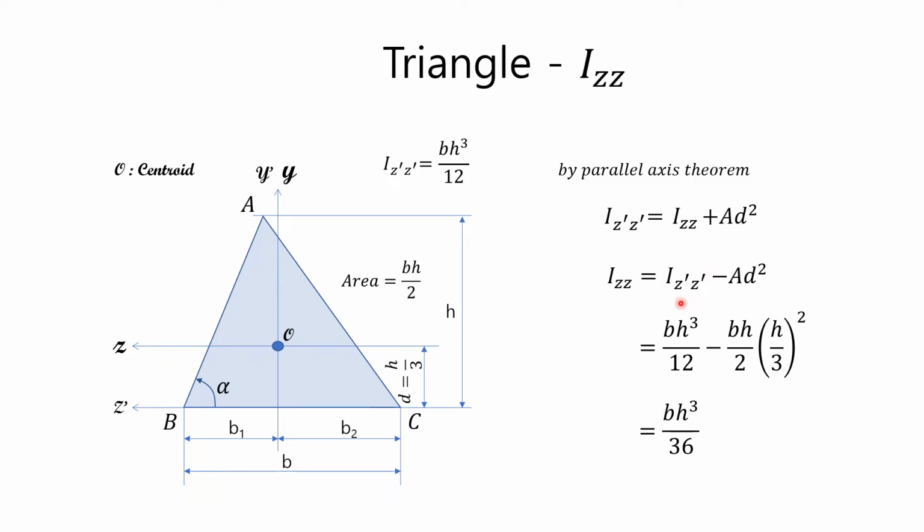Here, Iz prime is bh to the 3 over 12, which I have already calculated in the previous slide, and A is bh over 2, and d is h over 3. Therefore, the second moment of area for a triangle in this case is bh to the 3 over 36.